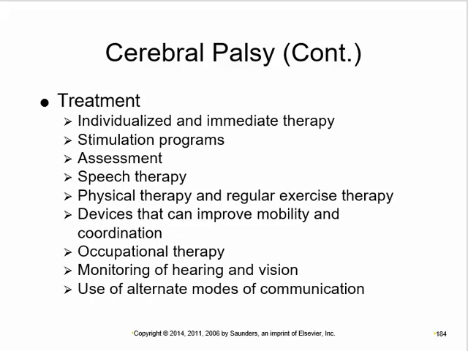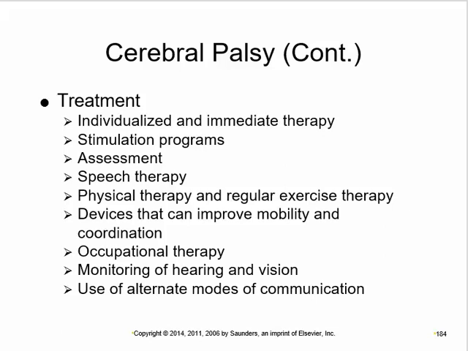So the treatment has to reflect the individual because it has to reflect the damage, but it has to be immediate. Like within minutes, if you're going to avoid serious damage.